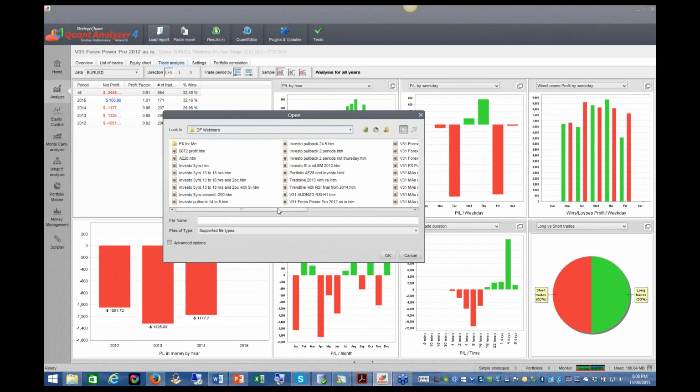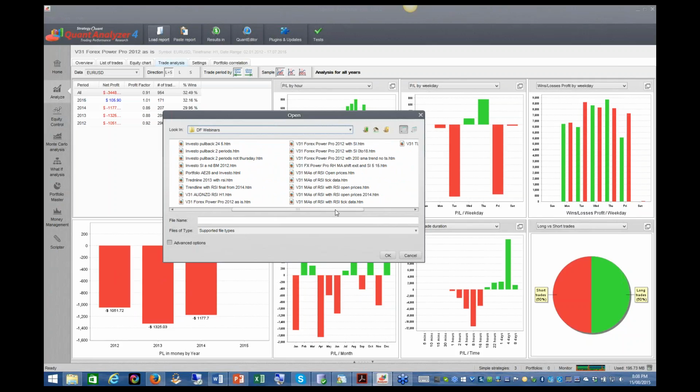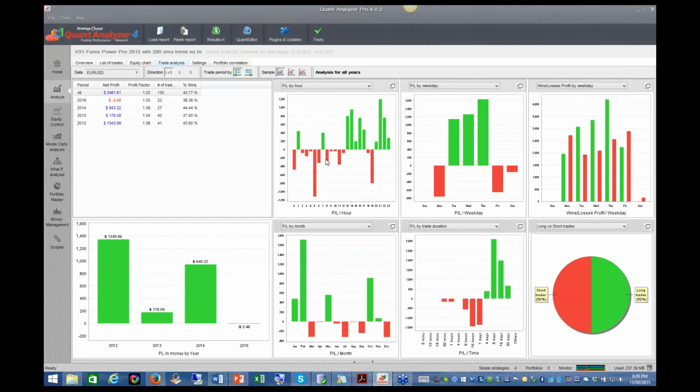If I go to one of my other simulations, what I did was use the 200 one I've just showed you, with a 200 SMA trend and no trailing stop.